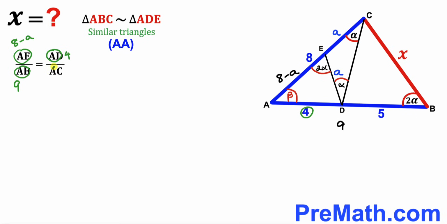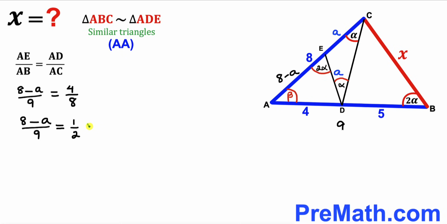And finally our AC segment length is going to be equal to this whole length, which is 8. So therefore I'm going to replace AC with 8. So therefore we end up with (8 minus a) divided by 9 equals 4 divided by 8. And now we can see 4 divided by 8 can be reduced to 1 divided by 2, as you can see in this next step.